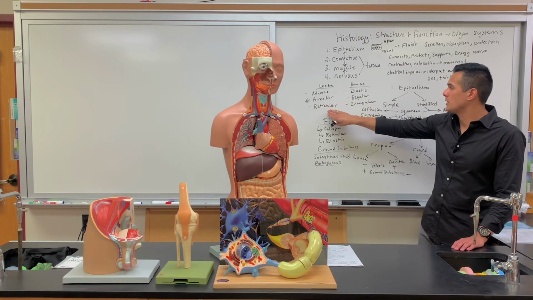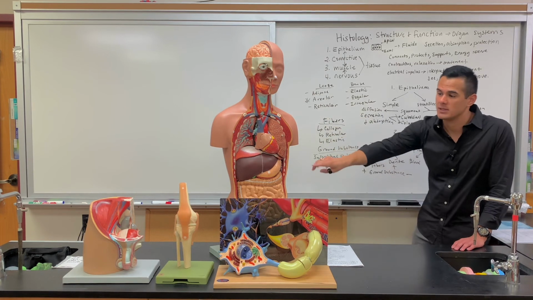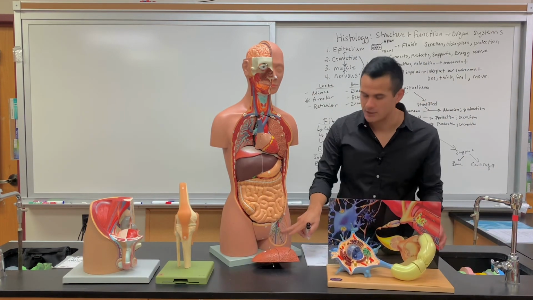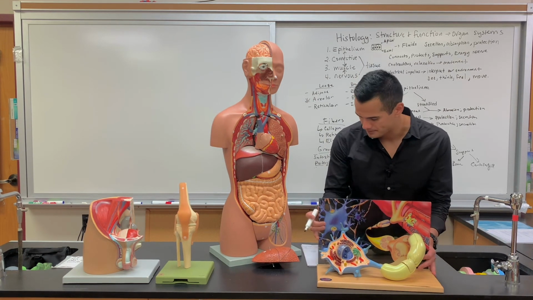For reticular connective tissue, this is a particular type found within the spleen, and also, if I move this neuron model, it's found here in the lymph nodes.